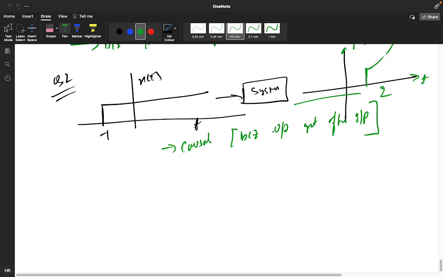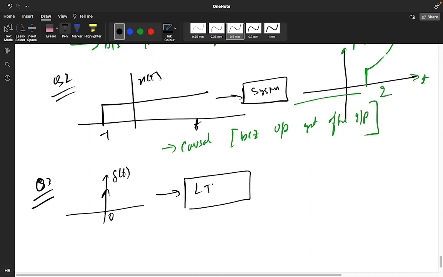What about this? Tell me, question number 3. You have an input that is delta t. It passes through an LTI system and you are getting the output h of t, which is equal to 0 for t lesser than 0.